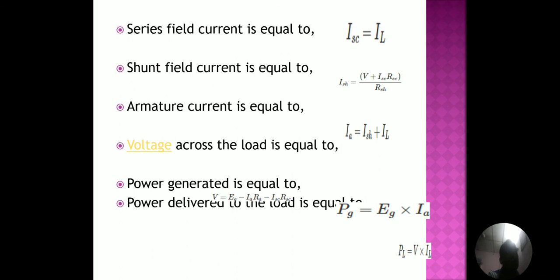And armature current IA is equal to ISH plus IL. Voltage across the load is given as V is equal to EG minus IA RA minus ISC RSC. And the power delivered to the load is given as PL is equal to V into IL.